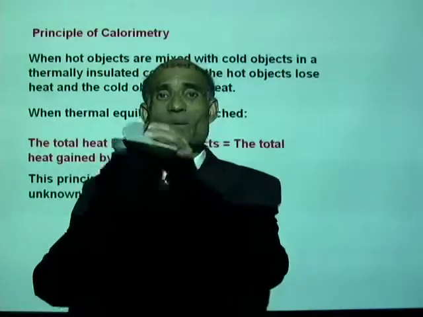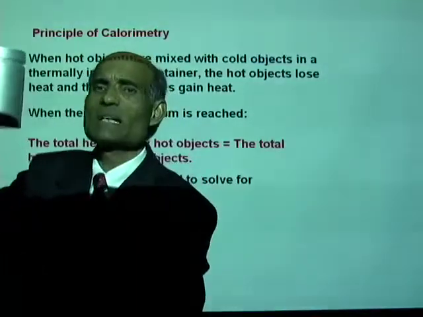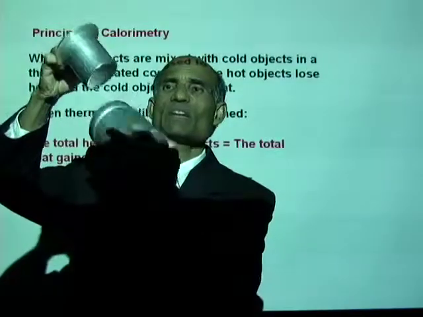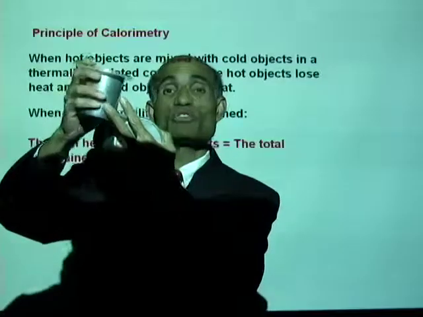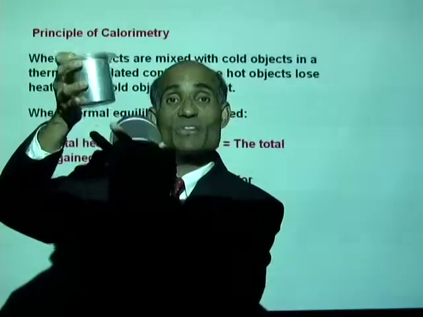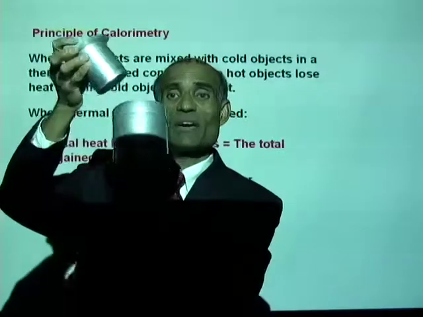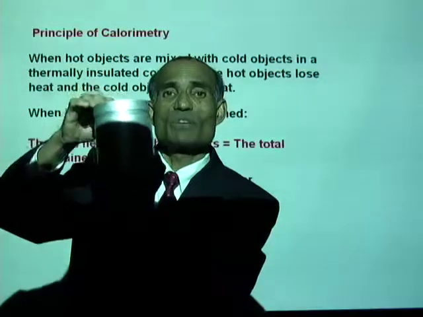Now here is a typical example of a calorimeter. A calorimeter has a housing. This is the housing. And inside, this is where we allow heat exchanges to take place. This is the isolated or insulated container. You can see there's an insulator there which will insulate this from the surroundings.